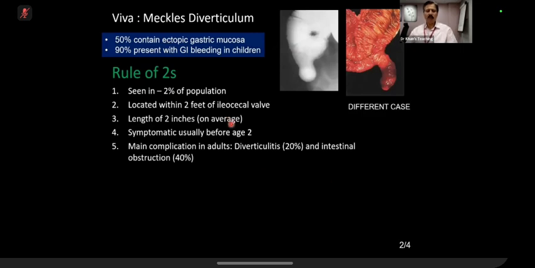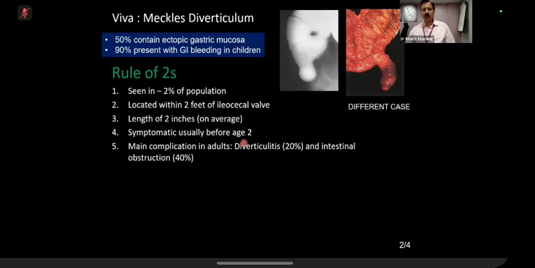Whatever is written here are potential viva questions which have been asked in the exam, and these concepts have come in the exam. Please remember that Meckel's diverticulum, this rule of 2 you must remember. Seen in 2% of population, located 2 feet from the ileocecal junction, length of 2 inches on average.